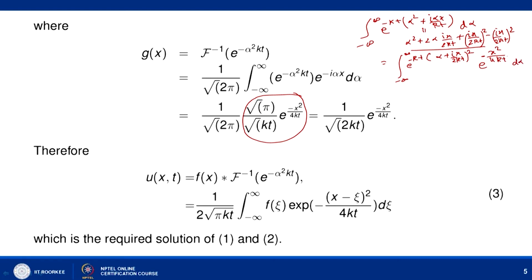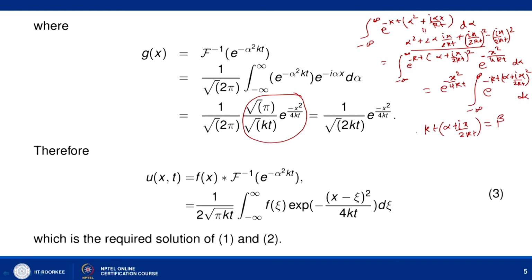Now, since this integration is with respect to d alpha, I can write this as e to the power minus x square upon 4 k t into the integral from minus infinity to infinity e to the power minus k t, and this is alpha plus i x upon 2 k t whole square and d alpha. So, let us make this quantity, root k t times alpha plus i x upon 2 k t, as some beta.